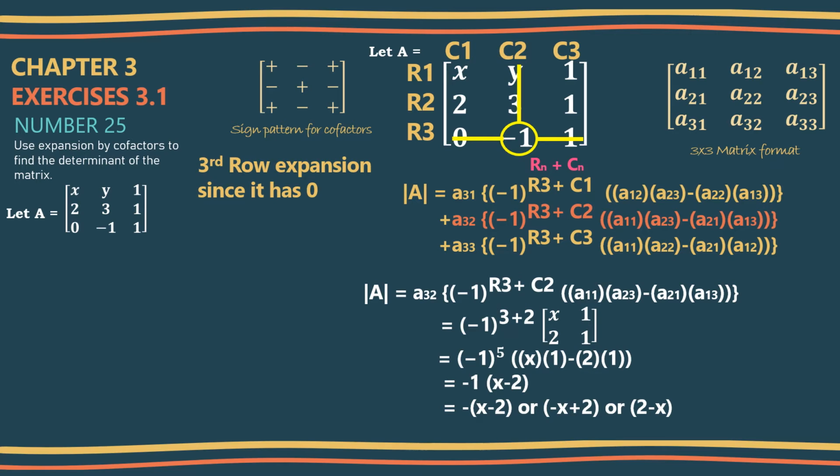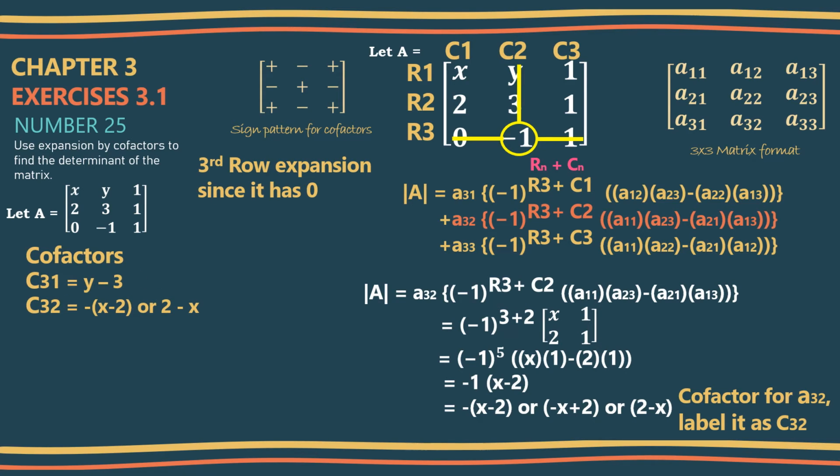We have 2 minus x. That is the cofactor for A sub 3, 2. We label it as C sub 3, 2. We have now the second cofactor of the row 3. C sub 3, 2 equals 2 minus x.